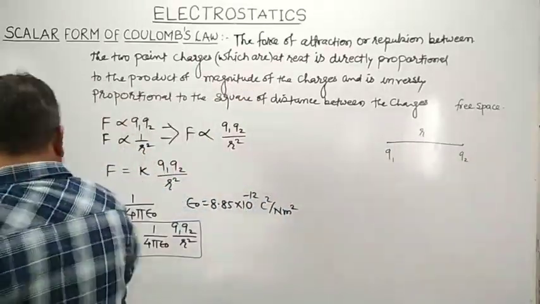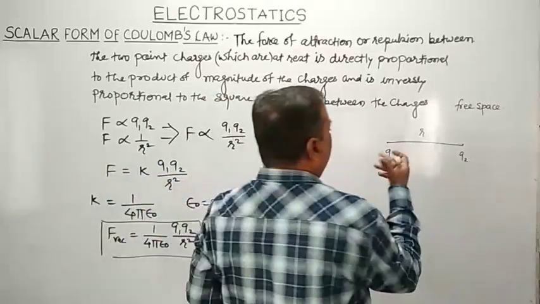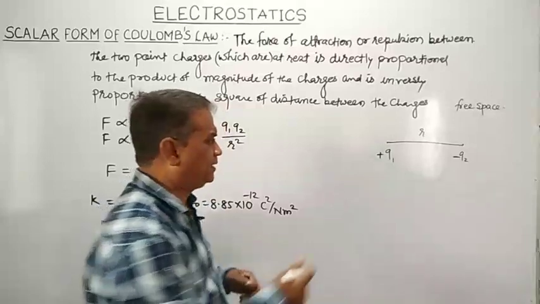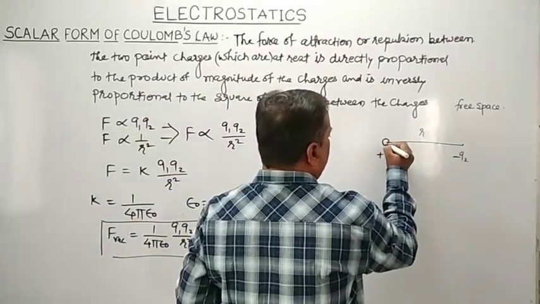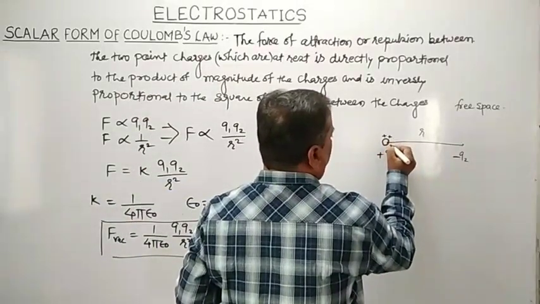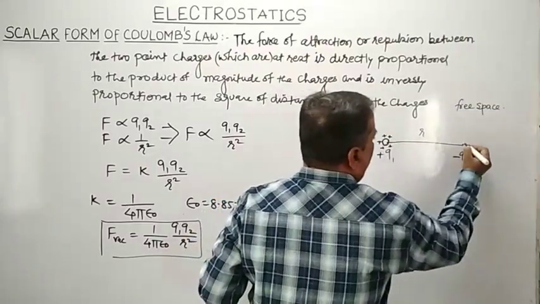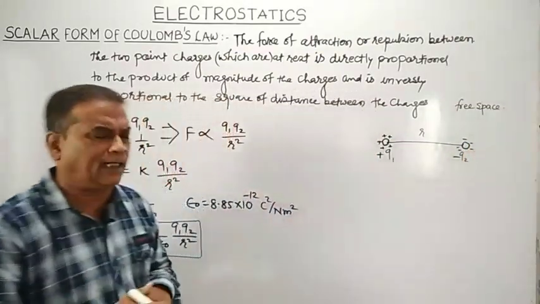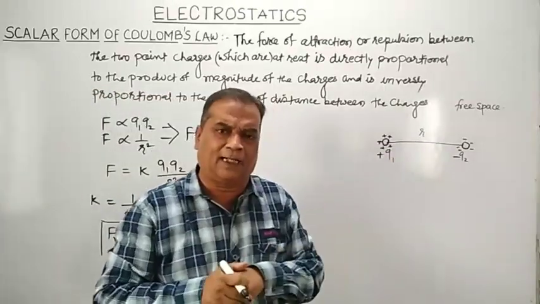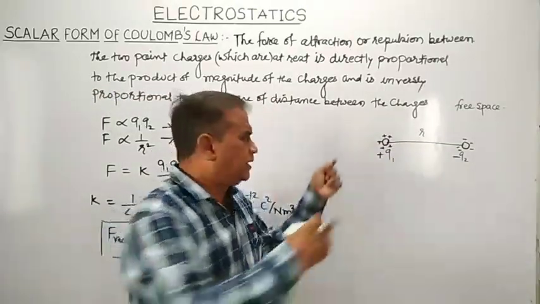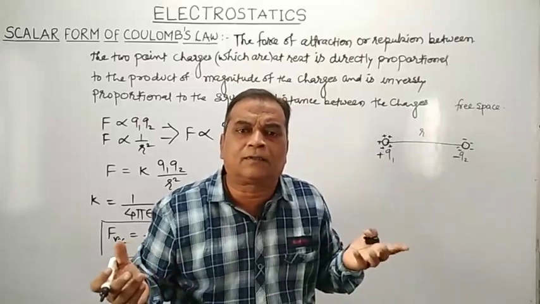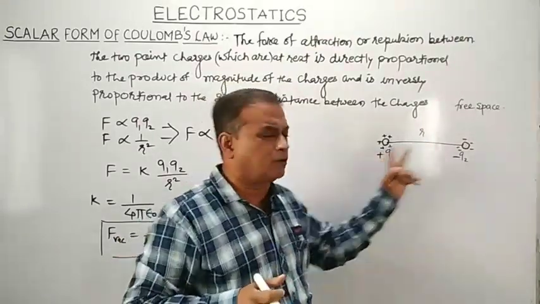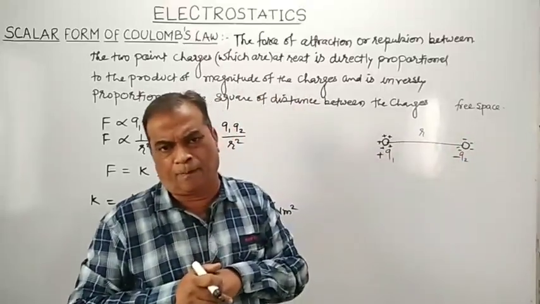Suppose charge Q1 is positive and Q2 is negative. Means, if I show charge Q1, positive charges are deposited, and on charge Q2, negative charges are deposited, and they are separated by a distance r. These two charges are unlike charges, because one is positive and the other is negative.